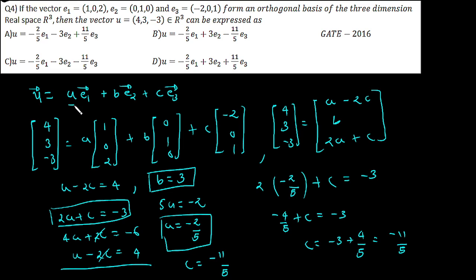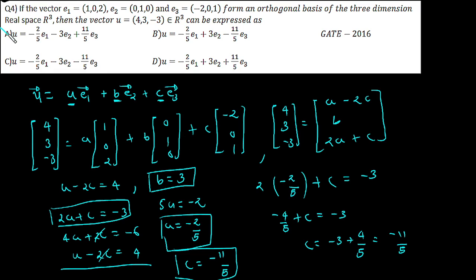Now we have found all the scalars a, b, c. So just put the values of a, b and c in this equation and we can get our answer. So let's compare all the options one by one. In option a we have a as minus 2 by 5, but here b is minus 3 and we are getting b as plus 3.